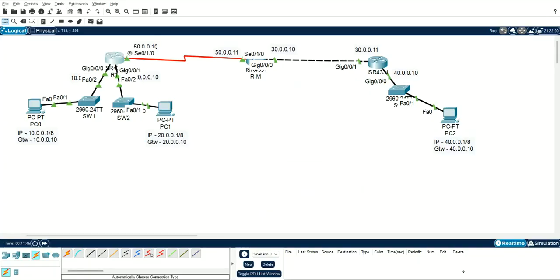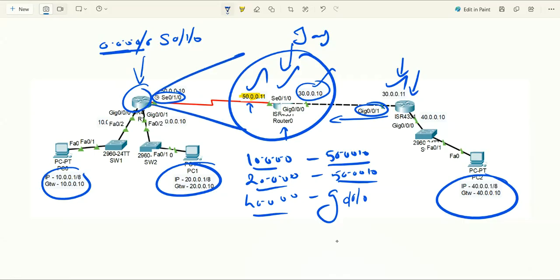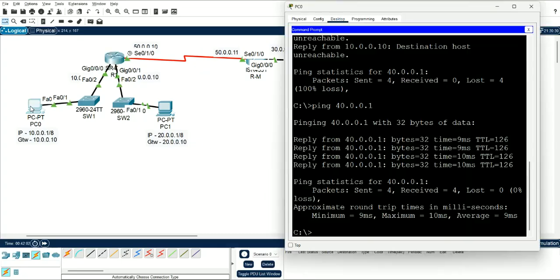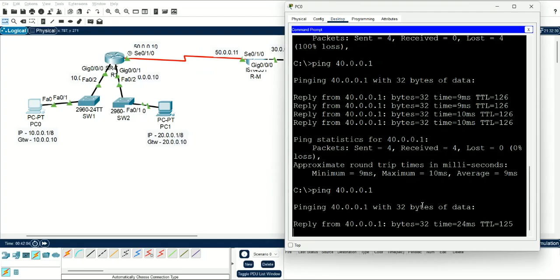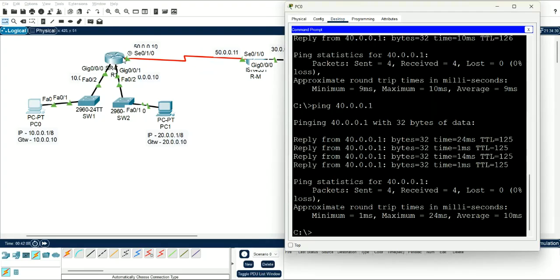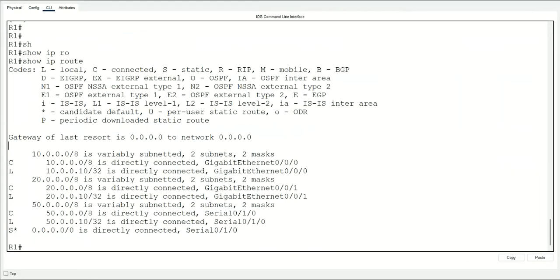See, if you have many wires like this, then it is multi-point. Here you have only one point. You understood? So now also I can ping, you see. I am able to ping. You got it? In the routing table, it is pointing towards the interface, not the IP address of the next router.